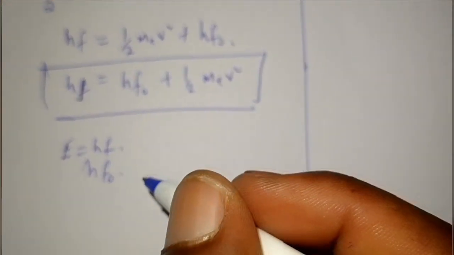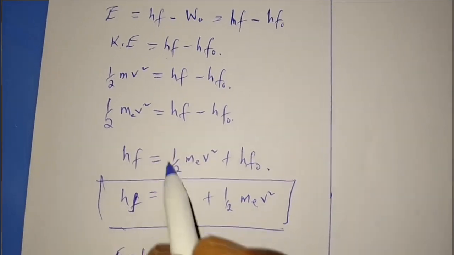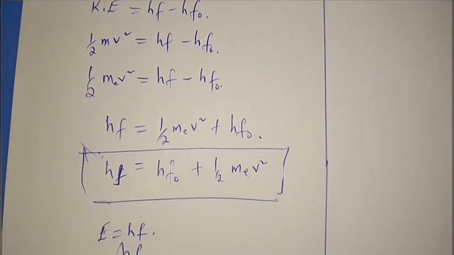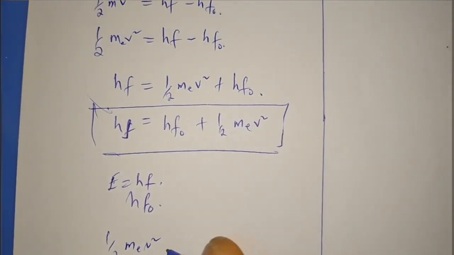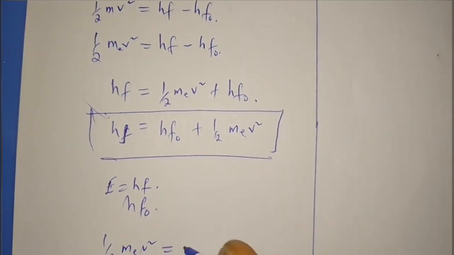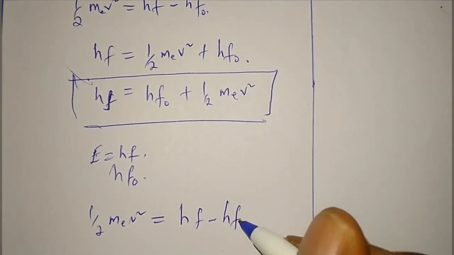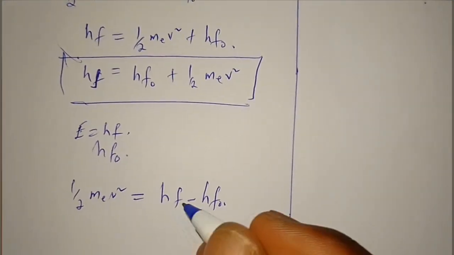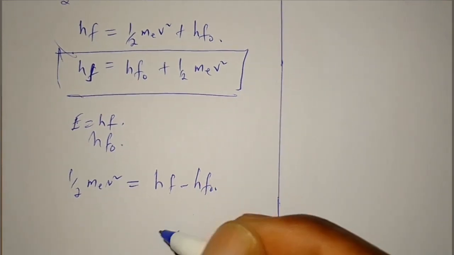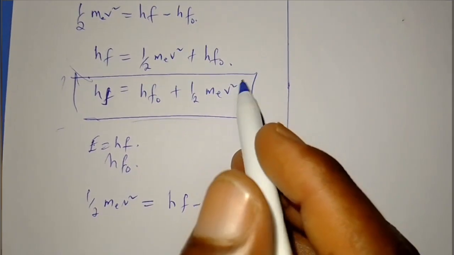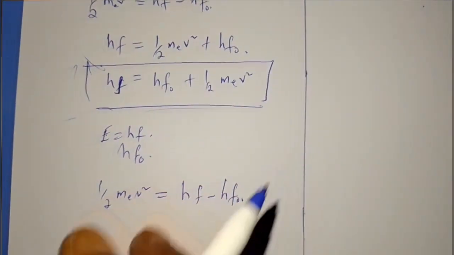It can also be written in this form: a half m e v squared equals Hf minus Hf naught. We can still factor this with H outside, or leave it this way. But this is Einstein's equation of photoelectric effect.